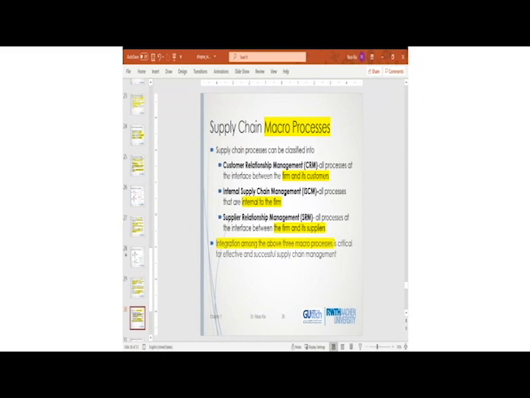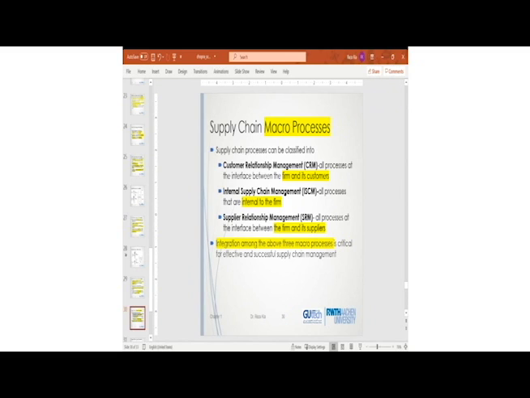And then we defined another category, which was push or pull view. The idea was easy. If you start your operation based on the real demand, it's a kind of pull view. If you start operation based on anticipation, that would be push view.